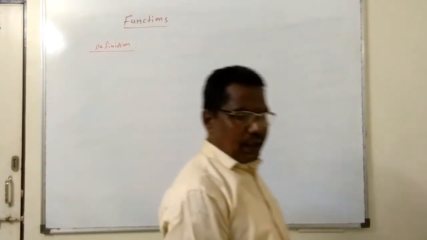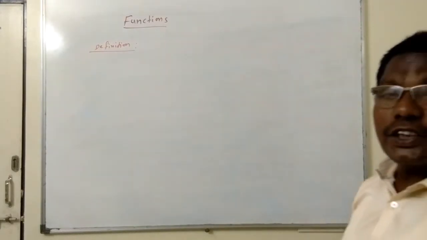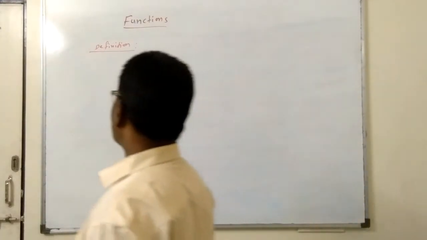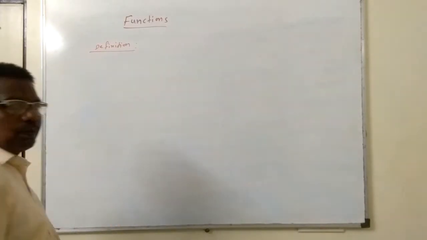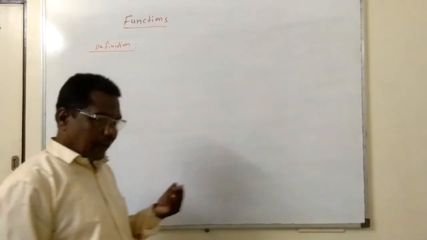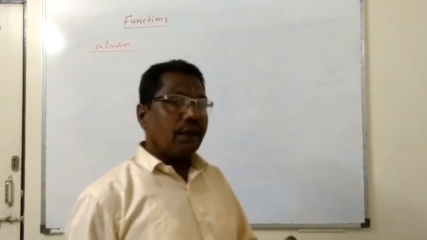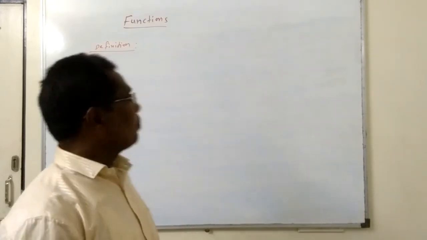We have studied set theory. Then you have studied the relations between two sets. After that, the concept of function arises. To understand function, you revise set theory and relations, and then we will go to functions.